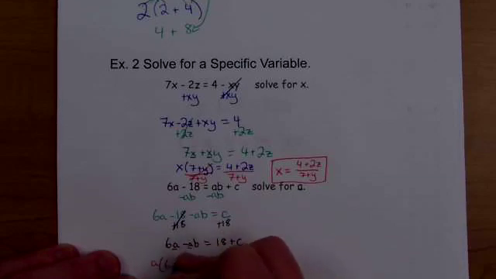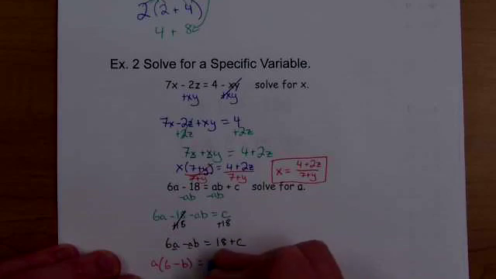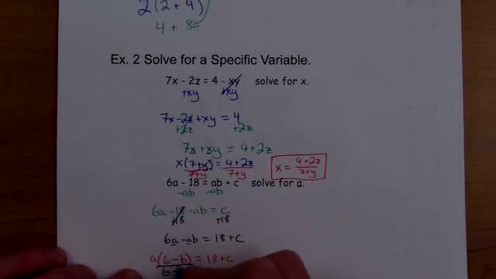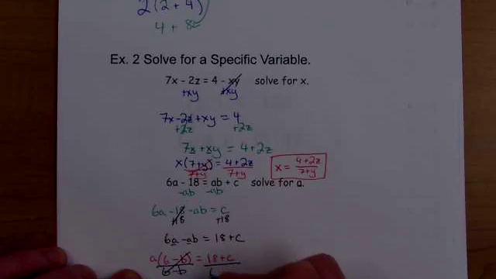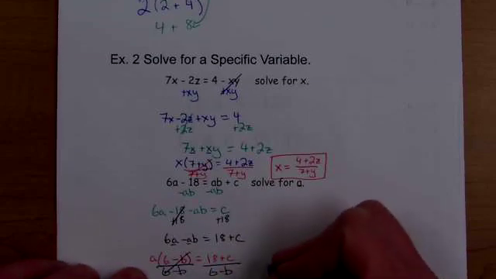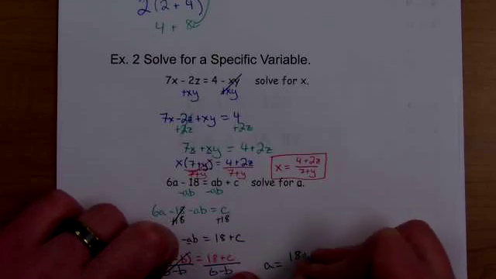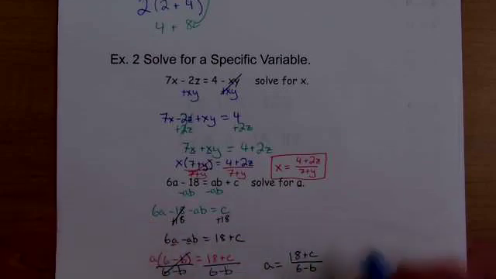leaving me with 6 minus b equals 18 plus c. I didn't do anything over here. A is not by itself, so I need to divide by 6 minus b, divide by 6 minus b, and a equals 18 plus c all over 6 minus b.